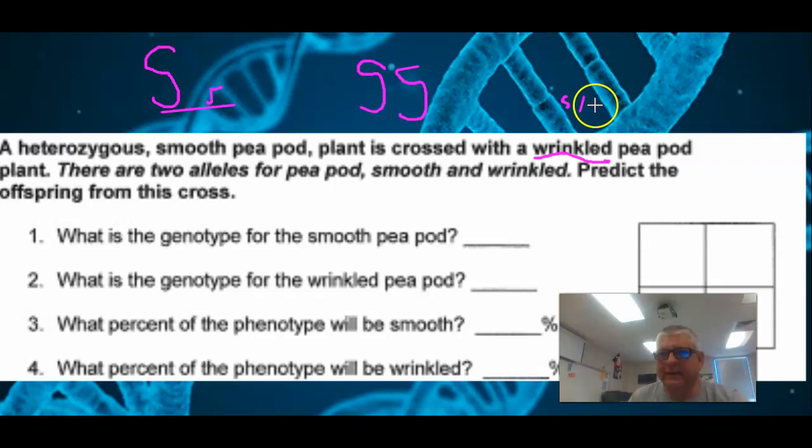So that's supposed to be an S. Let's fill it out. So we need this one and we need this one. Doesn't matter where. Let's put this one on the side. So heterozygous. And this is going to be homozygous recessive, which makes it wrinkled. Real small.